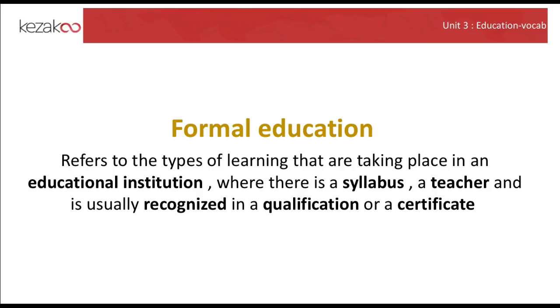So what we mean by a syllabus is a program. So for example, when you're going to be having some lesson, your teacher would be telling you this is not a part of the program. We do have a teacher, and at the end we have a qualification or a certificate. So formal education is mainly the very normal type of education that takes place within a classroom.